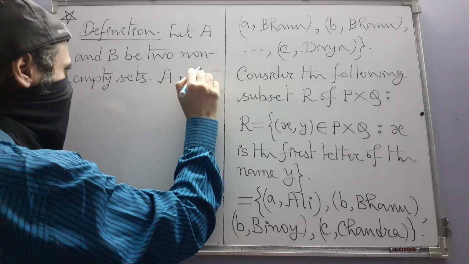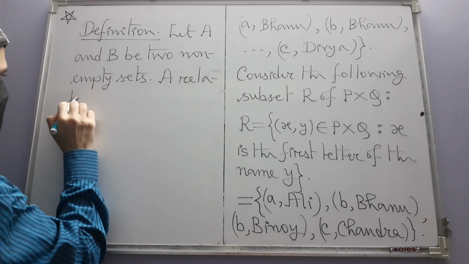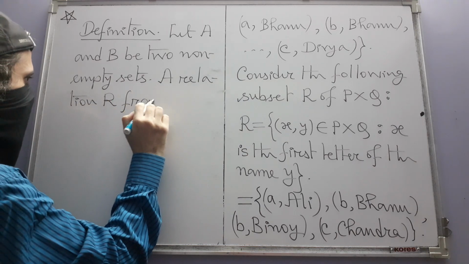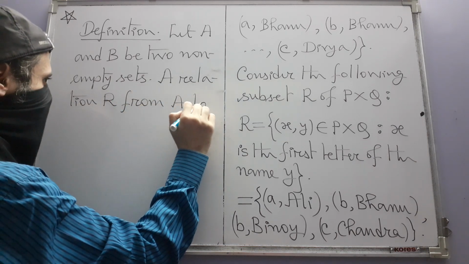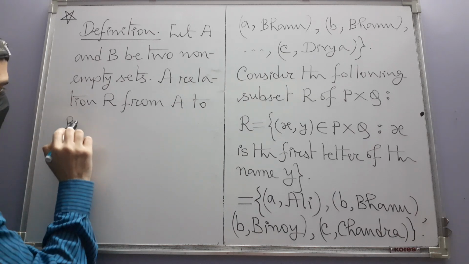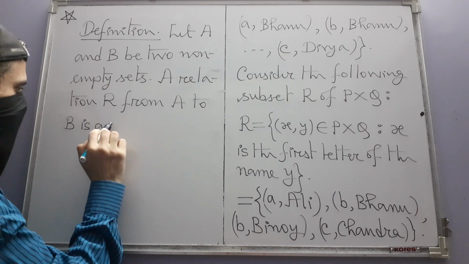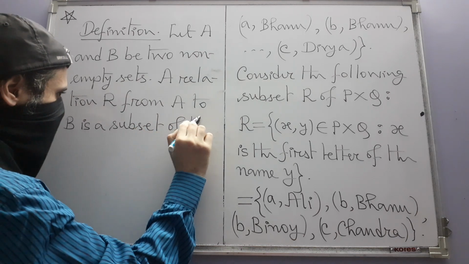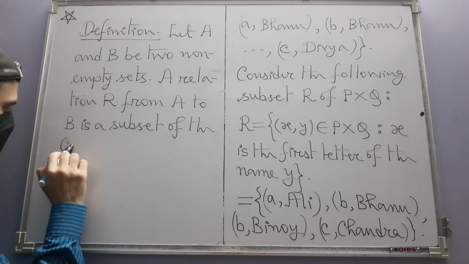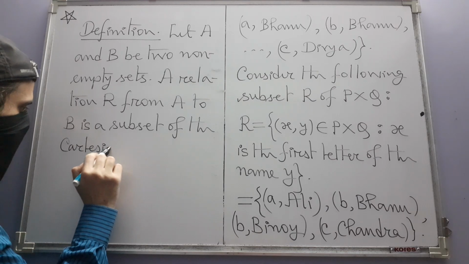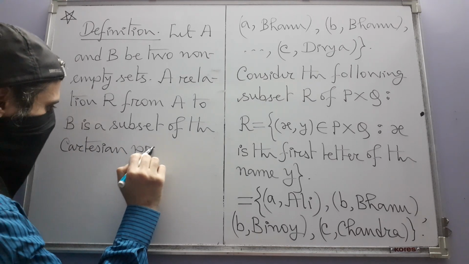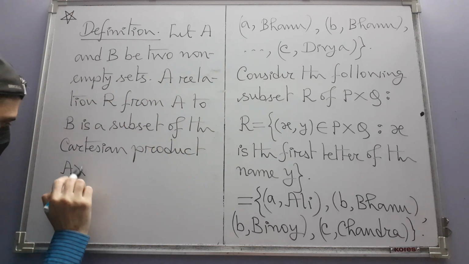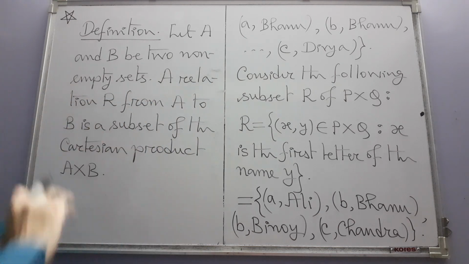A relation R from A to B is a subset of the Cartesian product A times B. That's what it is.